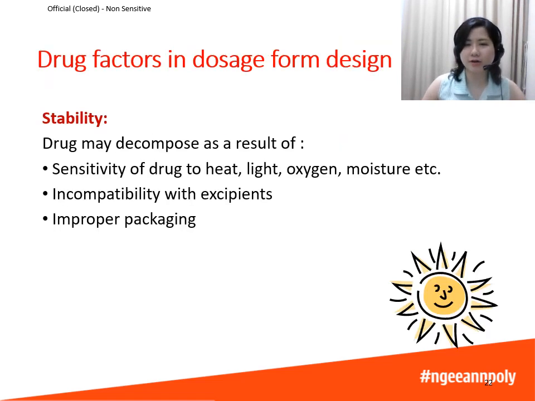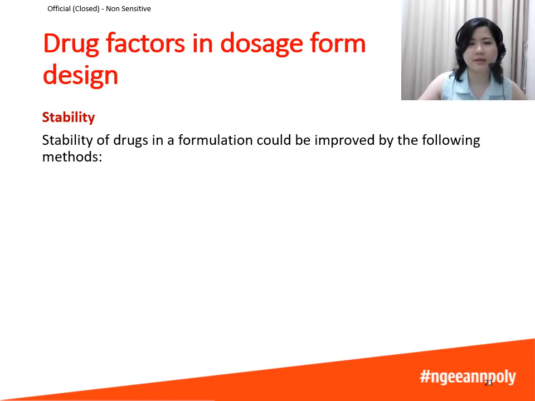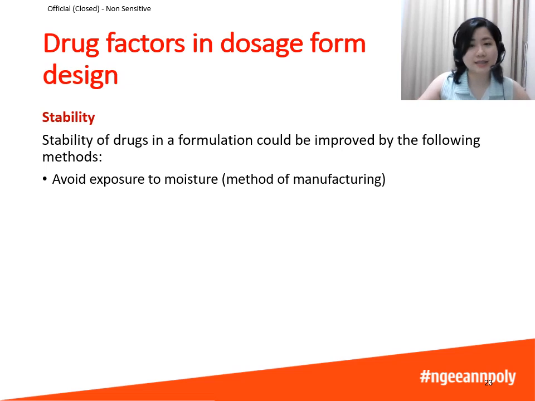Some drugs may decompose under certain conditions due to sensitivity to heat, light, oxygen, or moisture. Incompatible excipients and improper packaging can also affect drug stability. So, to maintain drug stability, for drugs that are sensitive to moisture, methods of manufacturing must be selected to avoid exposure to moisture.